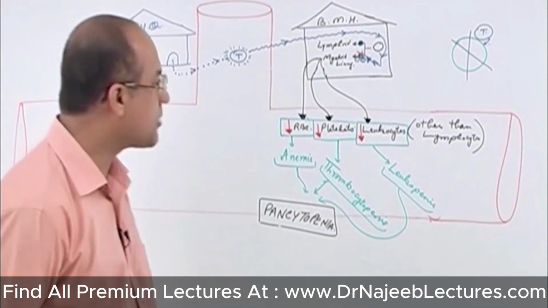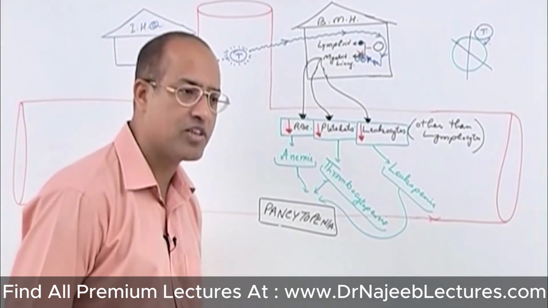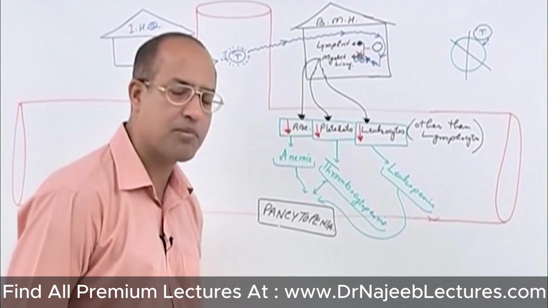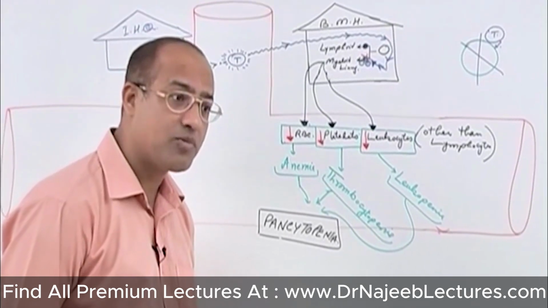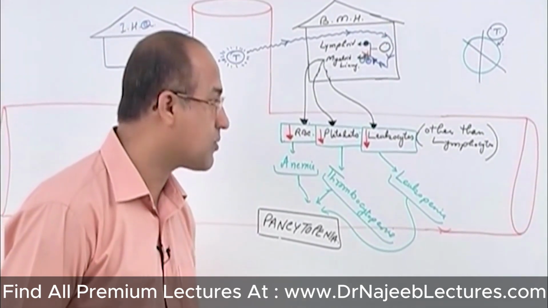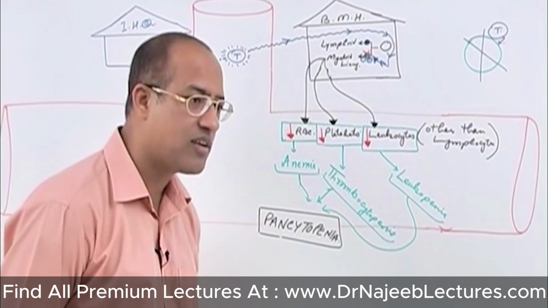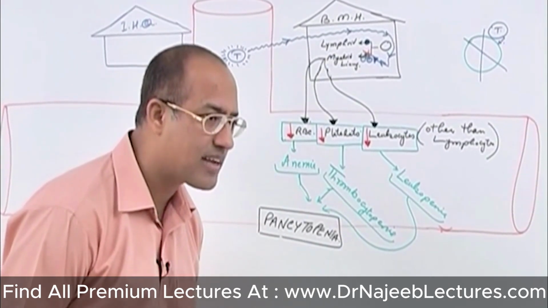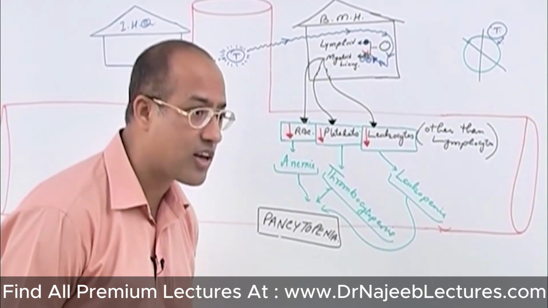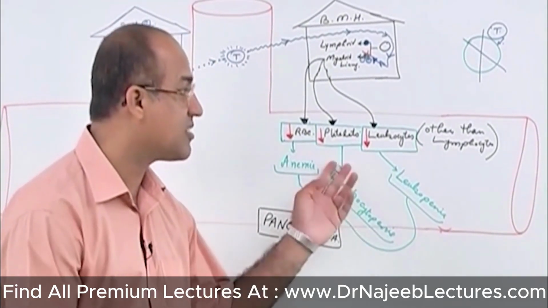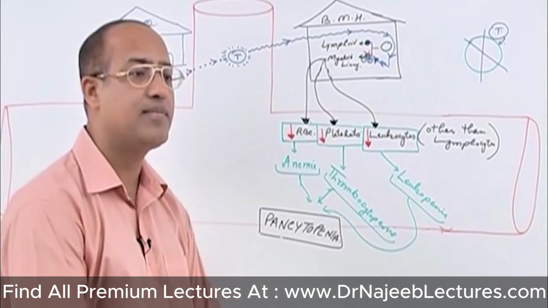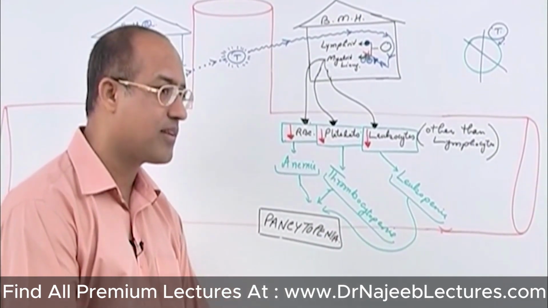If RBCs become very less, the patient becomes very weak, oxygen transferring capacity is reduced. If platelets are very less, the patient has a high tendency to bleed. And what really kills very frequently is very low neutrophils and other white blood cells, so the patient cannot defend against infections. The patient develops bleeding tendencies and repeated infections and a very high risk of death.